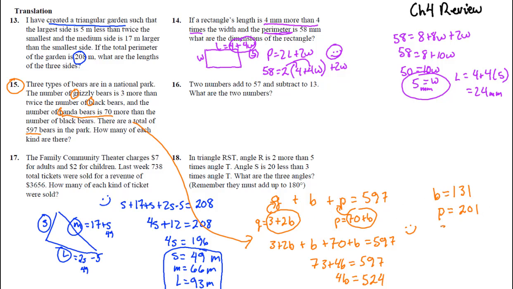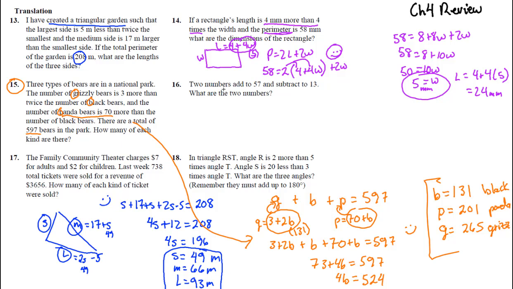And the number of grizzly bears would have to be 3 plus 2 times 131. So 3 plus 262 is 265. So that's black, panda, and grizzly bears right there. Excellent. Okay, number 16.